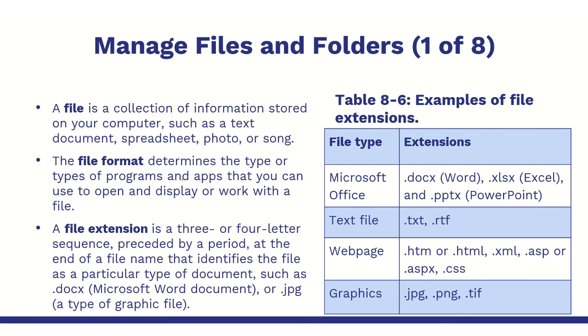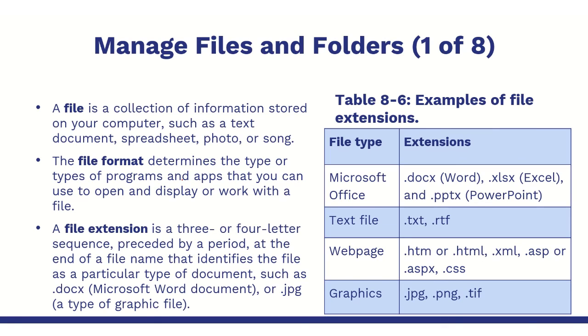Managing files and folders plays an important role when you talk about operating systems. A file is a collection of information stored on your device, like text, documents, spreadsheets, photos, or even musical files. The file format determines the type of programs and apps that you can use to open or work with a file.